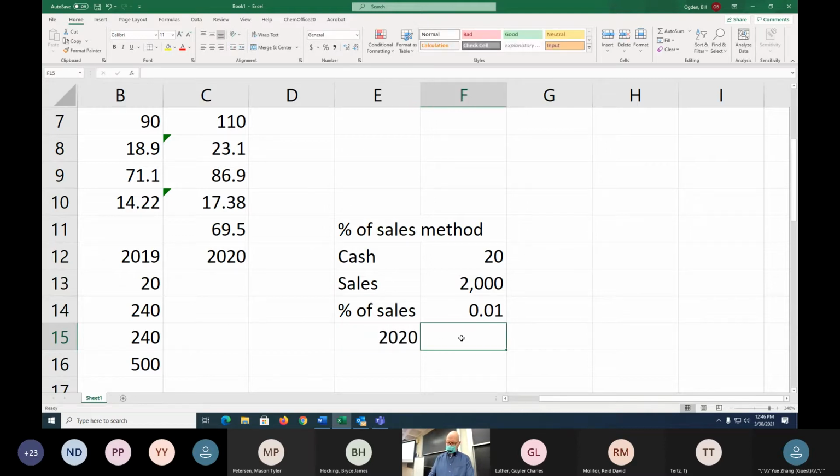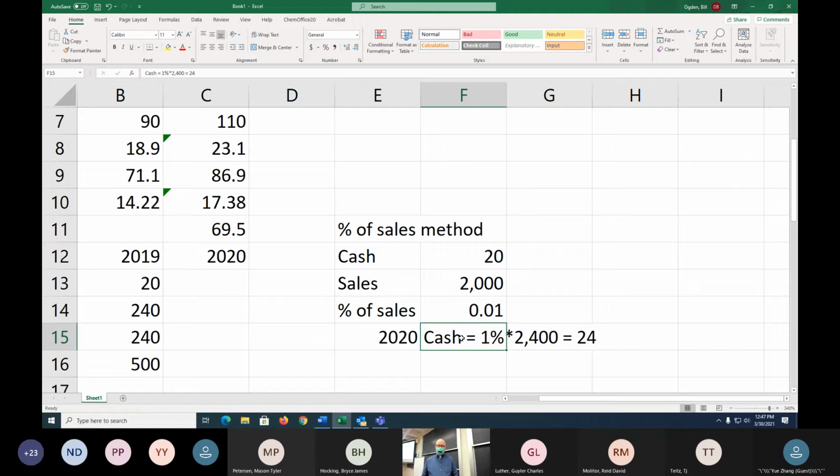We're going to say that cash would equal 1%, so that percent of sales remains constant, times 2400 equals 24.